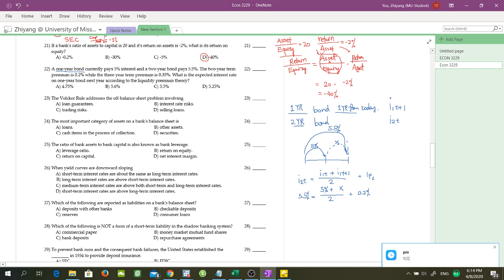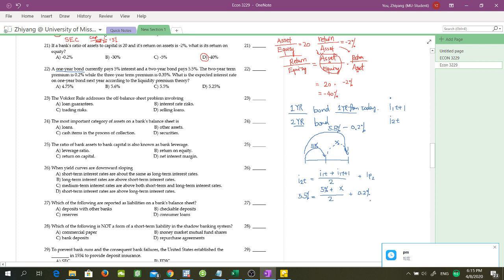Or you can simply say, since we're using liquidity premium theory, after taking the average, I'm going to add the liquidity premium. So in this graph, I'm going to subtract the liquidity premium off first, which is 0.2%. After the subtraction, this becomes 5.3%, which will be the average of 5% and x.